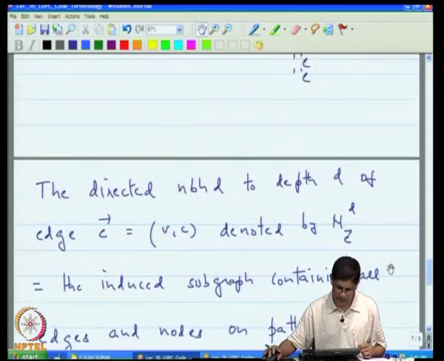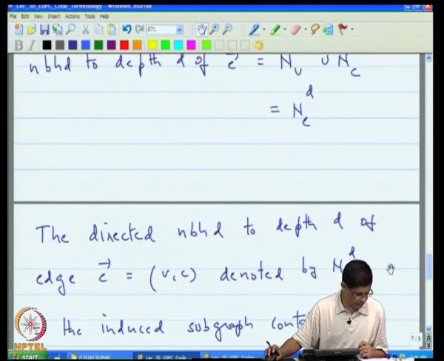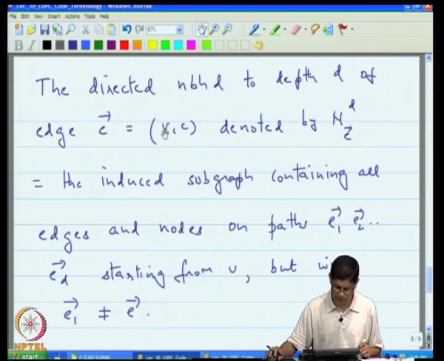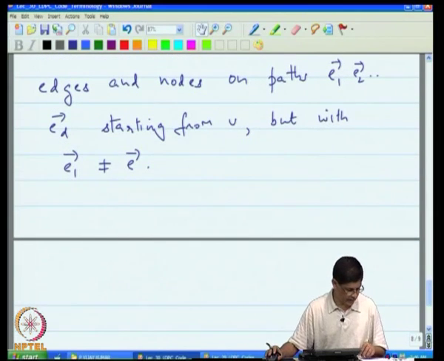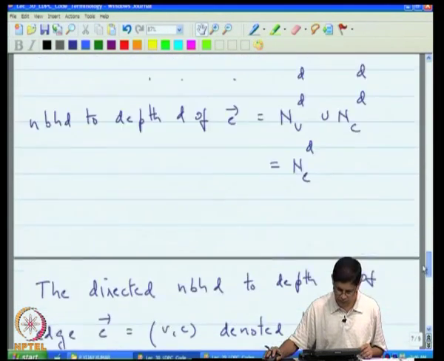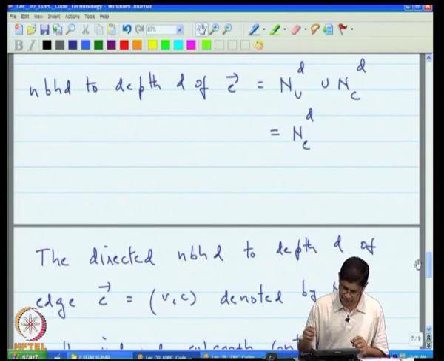Here there is nothing particularly important about v and c being like this. You could also start with a c and have an analogous definition, the directed neighborhood to depth d of an edge of type c comma v.